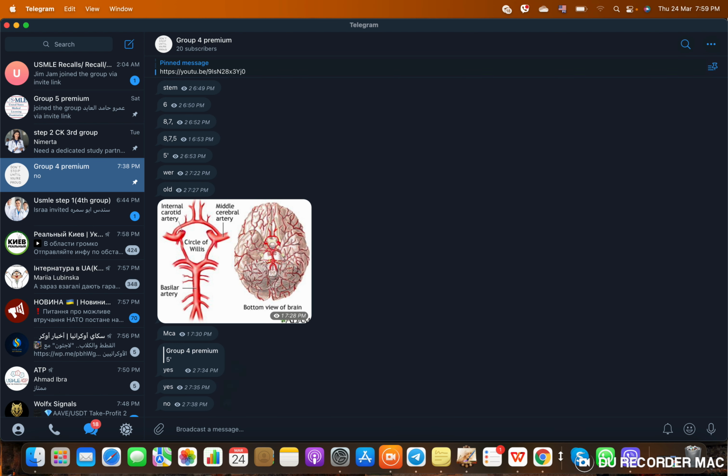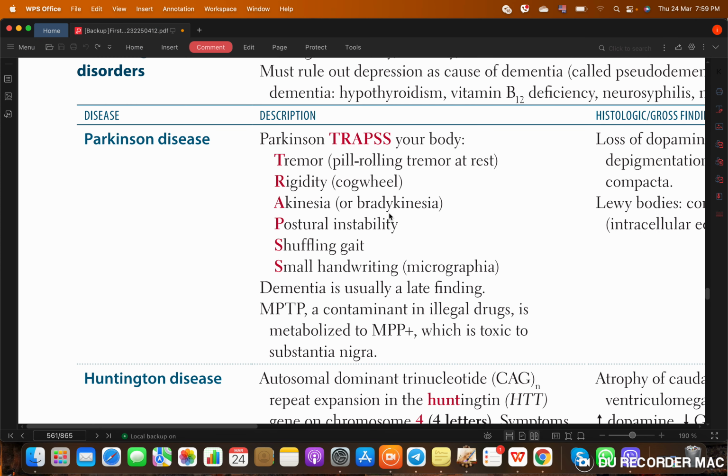Okay, so the next thing is small handwriting. We call it micrographia. So you tell them to write their name, and instead of writing normally, they write something much smaller. Dementia is usually a late finding.